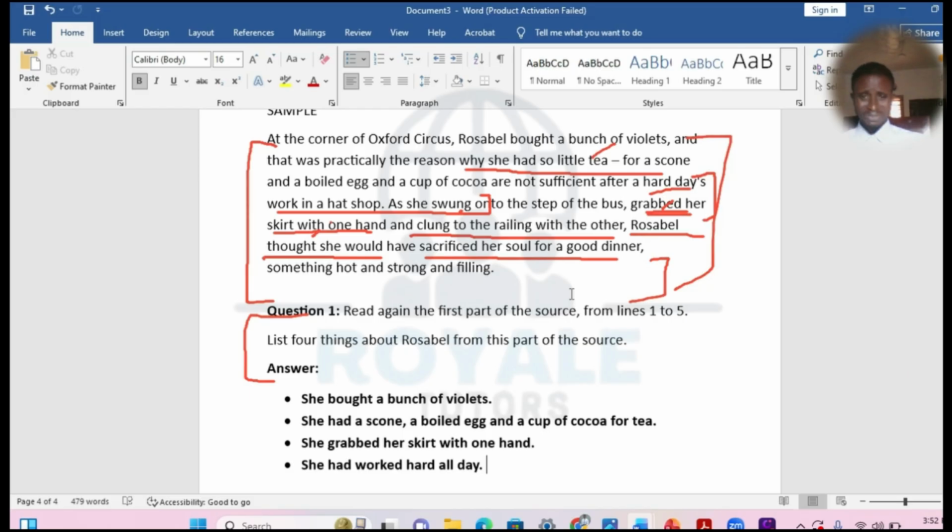You don't need compound sentences for question one, which are a combination of two independent clauses. You just need simple sentences. That's all, and you're good to go. And one more thing is that you need to avoid inferences, avoid drawing conclusions, avoid overthinking the question, so you don't get into the wrong part.